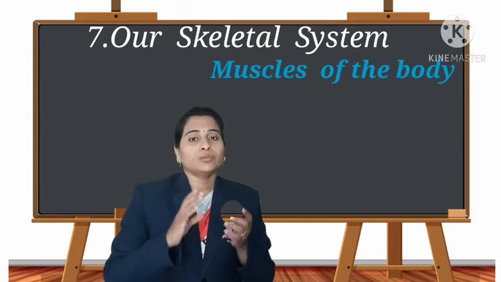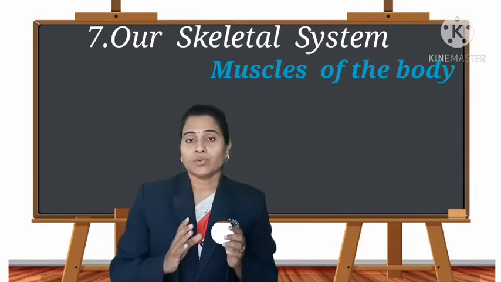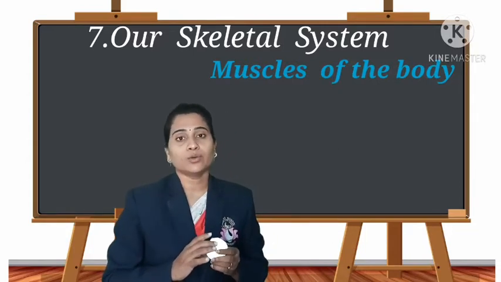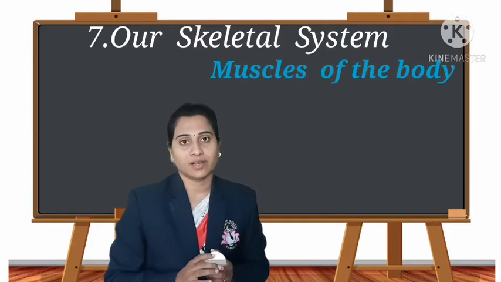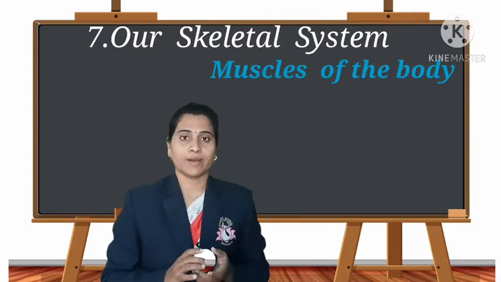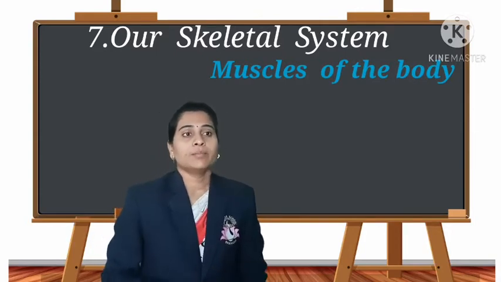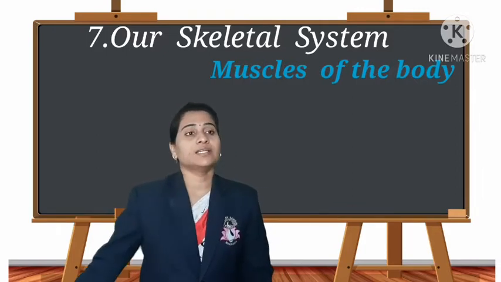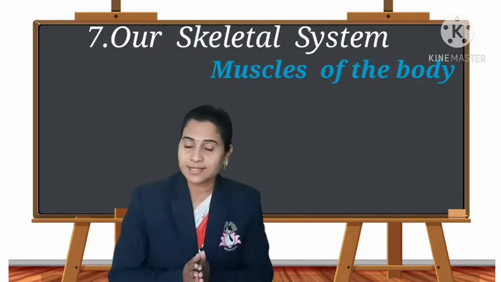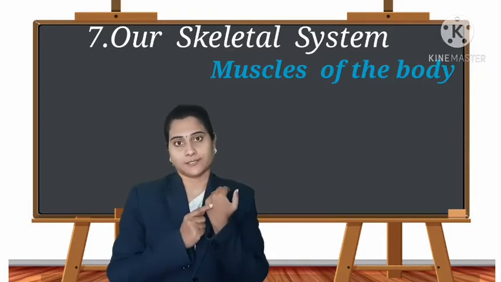So both muscles and bones play an important role in doing the function well or moving a body part. The muscles present in our body are attached to our bones.